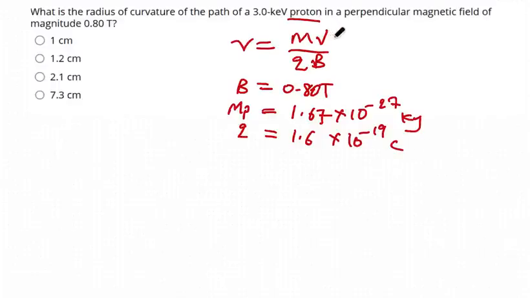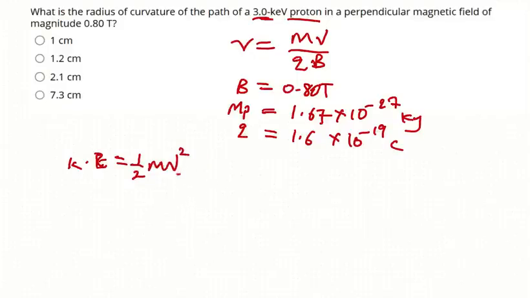So at this point we don't know v, but we're given the kinetic energy of the proton to be 3.0 kilo electron volts. We already know that the kinetic energy is equal to half mv squared.